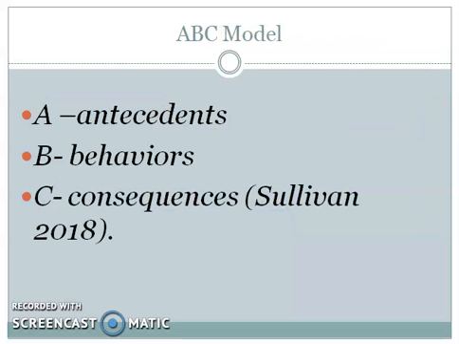The ABC model is: A stands for antecedents, B is behaviors, and C is consequences. Daniels and Daniels call the ABC model the tangibles and intangibles that prompt behaviors. That is the antecedents.